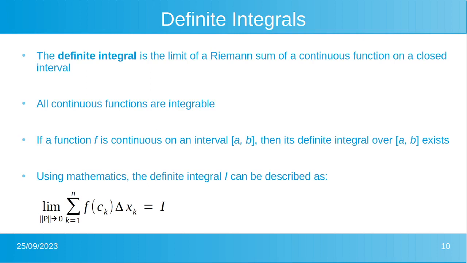So the length of the longest subinterval, as that approaches 0, we write that as a capital letter P between two pairs of parallel lines. So the limit as the norm of the partition approaches 0 of the sum from k equals 1 to k equals n of f of ck times delta xk. And that is the definite integral.